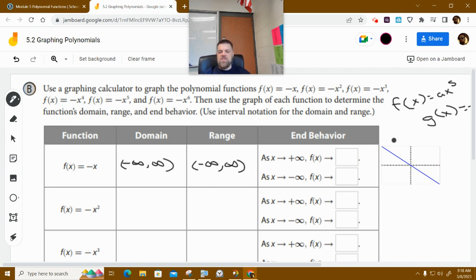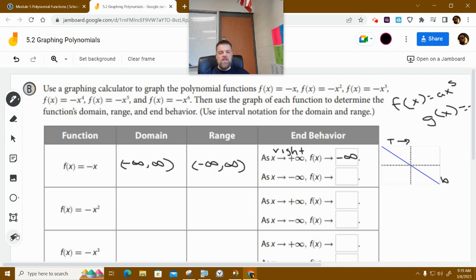And then I said yesterday you come in from the bottom and go out the top, but when you have a negative coefficient, you come in from the top and you go out the bottom, right? So what does that mean? As x approaches +infinity, which is a fancy way of saying going to the right, your y value approaches -infinity, right?